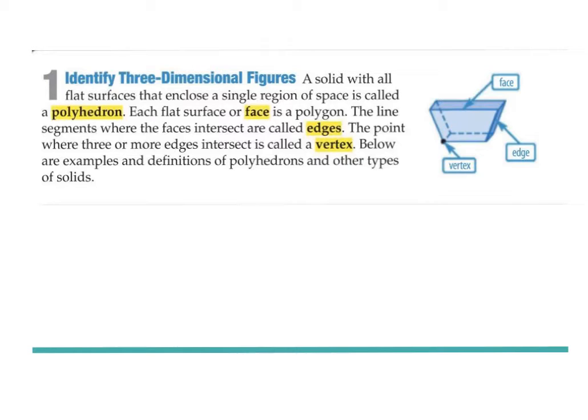In this polyhedron, we have a flat surface, or a face, which is basically the 2D figure, such as this red shape, the trapezoid. Then we have the vertex, which would basically be wherever two rays or line segments meet.